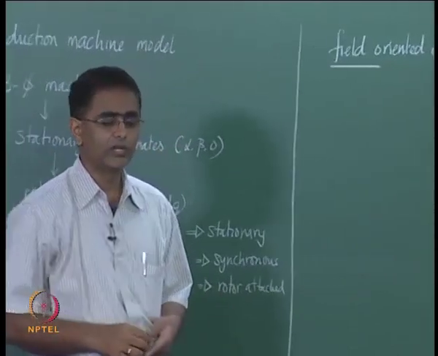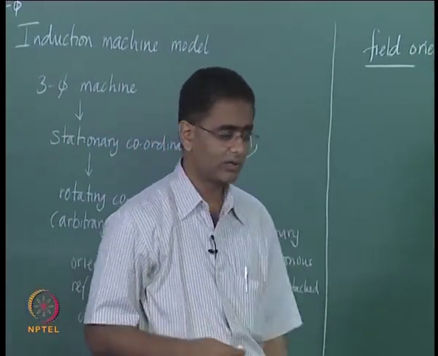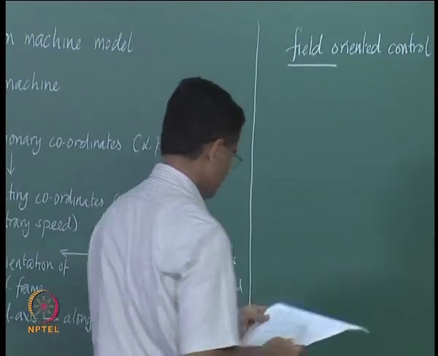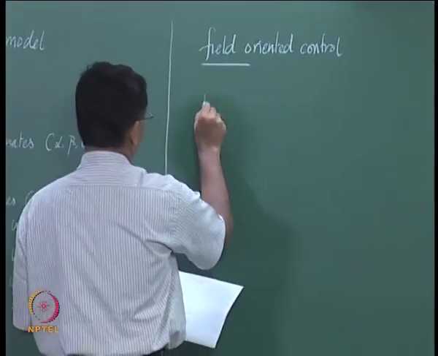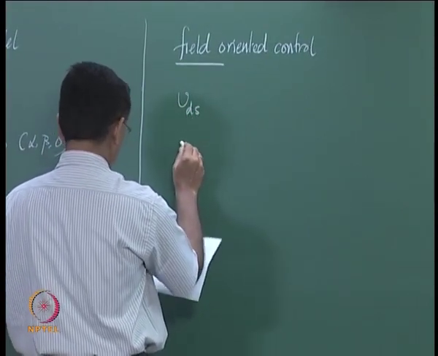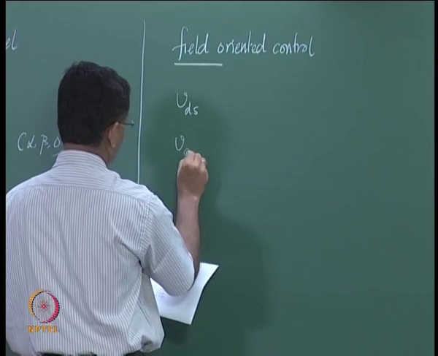But the machine equations themselves, the way we had written it was, let us write it down once again. We had VDS and then VQS.